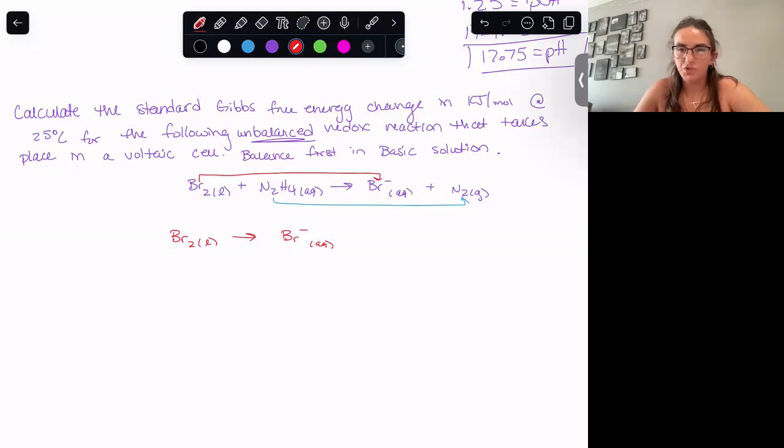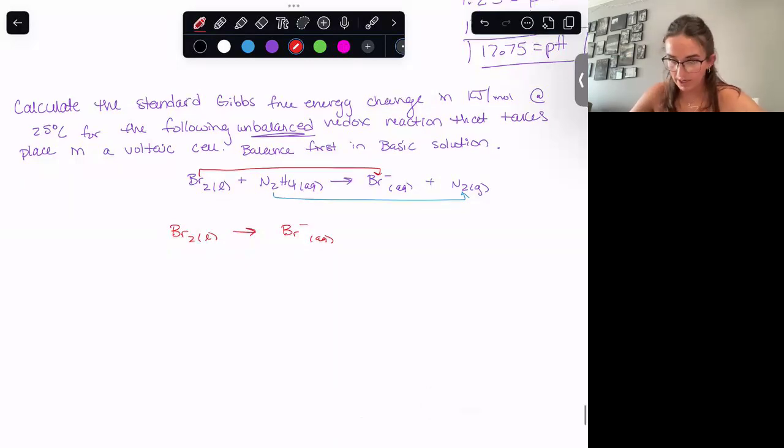Okay, I just tend to go sideways. You can do them stepwise like I did in the notes first. But the first thing you want to do is balance the things that are not oxygen or hydrogen. So you want a 2 in front of bromine in order to make Br2 equal to Br minus. You don't have any oxygens or hydrogens, so now you can just balance your charge with electrons. What is our charge?